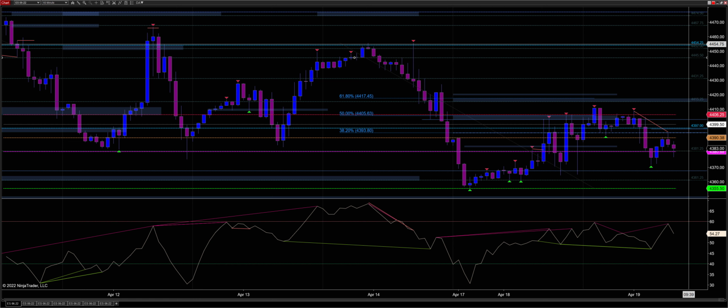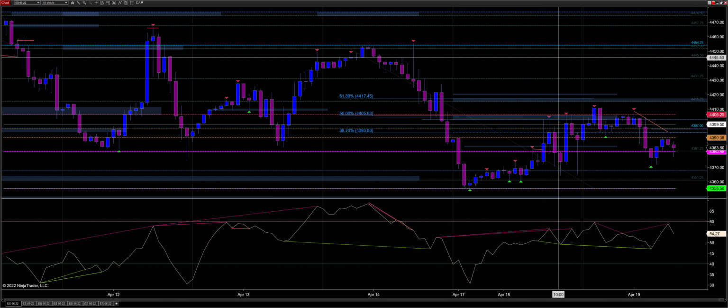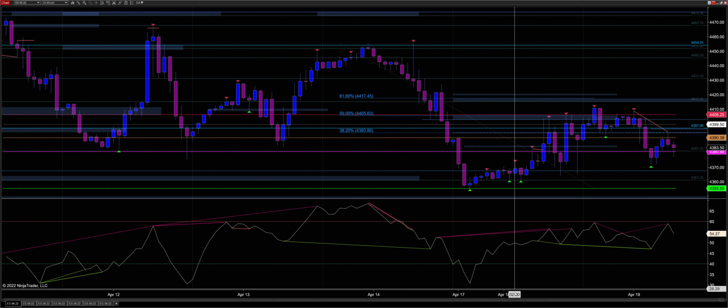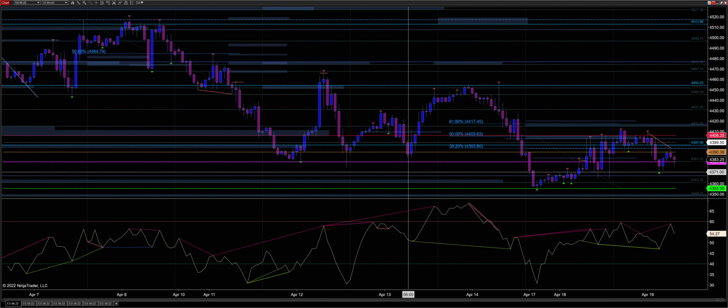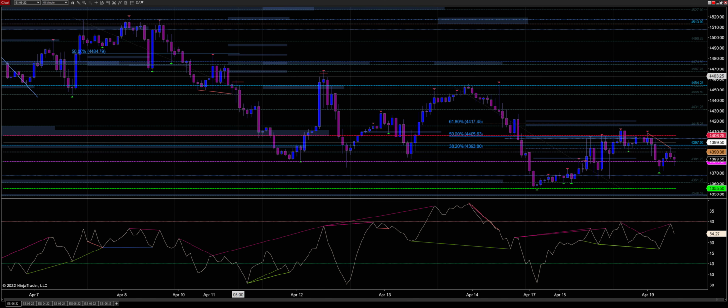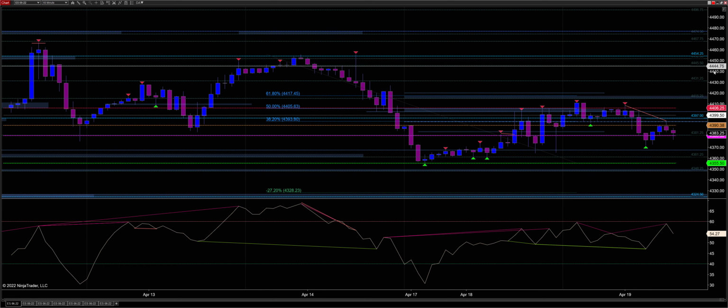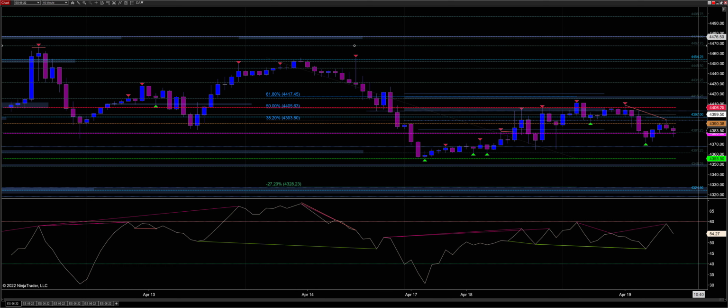45.50, and then right back to our major eye level up here at 44.54, which we came up to and failed multiple times back last week, and even came down and held it from the upside. So that will be important for the bulls to get through there. And then we've got 44.74 to 77.